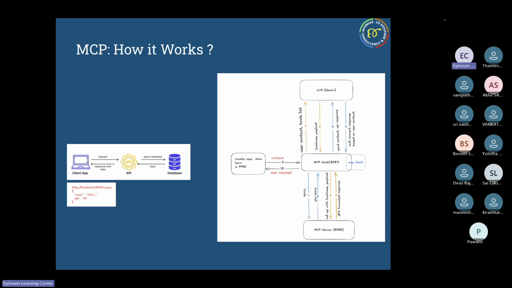Once that is available, the user can ask, hey, do this one with a context. Once the MCP host receives that context, it will communicate with the language model. Here we could use Gemini; in the previous session, we used the Gemini API.